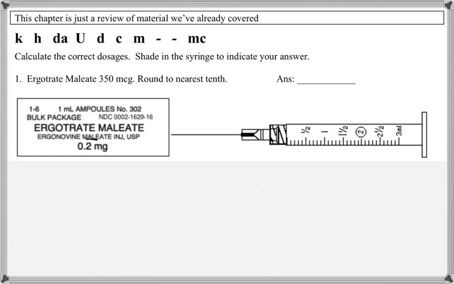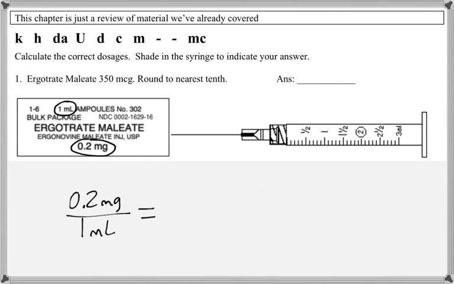And it's coming from the 0.2 milligrams and the 1 ml. So my available medicine, my strength, is 0.2 milligrams over 1 ml. So again, it doesn't happen that often, and it's kind of tricky, but this is how we do it.